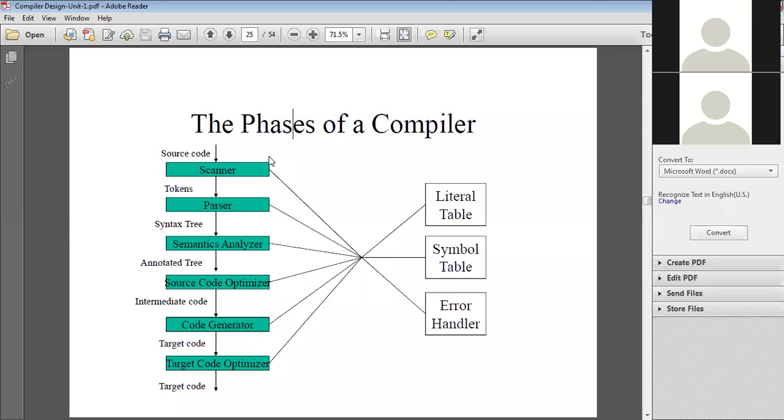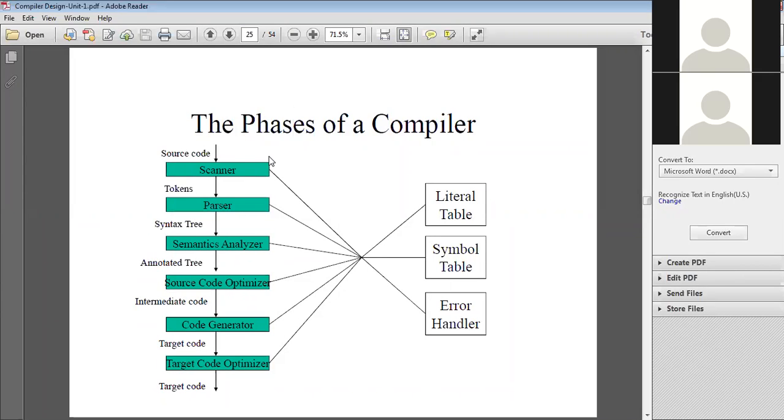So this is the flow chart for the phases of the compiler: scanner, parser, semantic analyzer, source code optimizer, code generator, target code optimizer. And all these phases are connected with the literal table, symbol table, and error handler, meaning storage can be done in those tables. First you write the program, and the source code goes into the scanner.